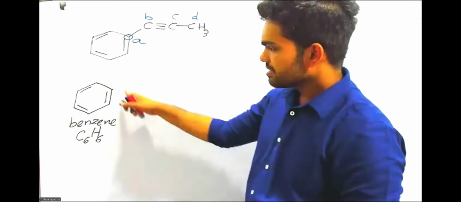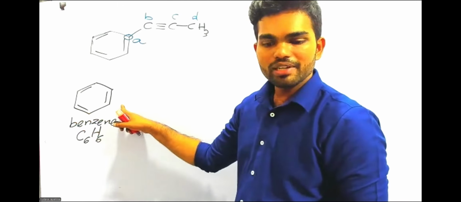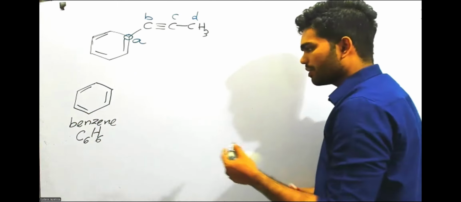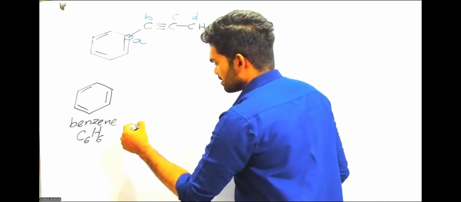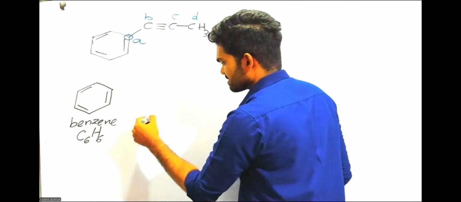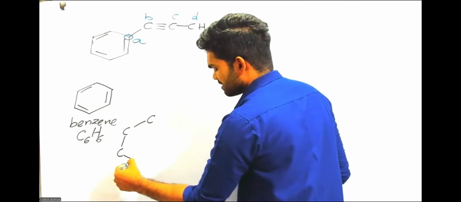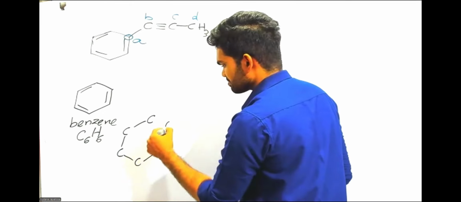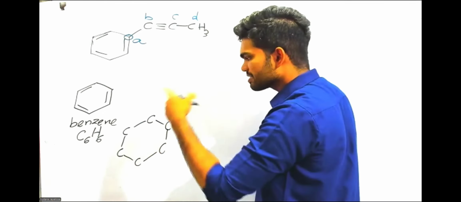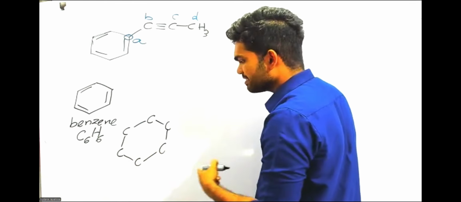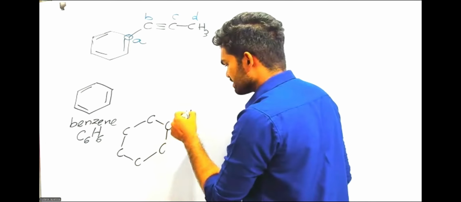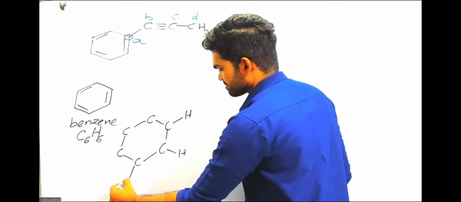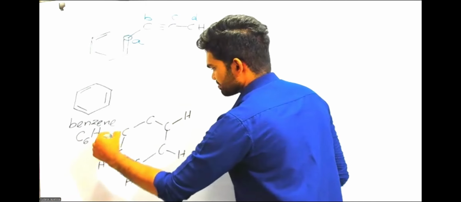But in this structure, you are not seeing the carbon or hydrogen, so I'm going to show you how exactly they are connected. Even though we draw it like this, the benzene molecule is actually something like this. You have 6 carbon atoms arranged in a ring, and for each carbon atom, you have a hydrogen atom.